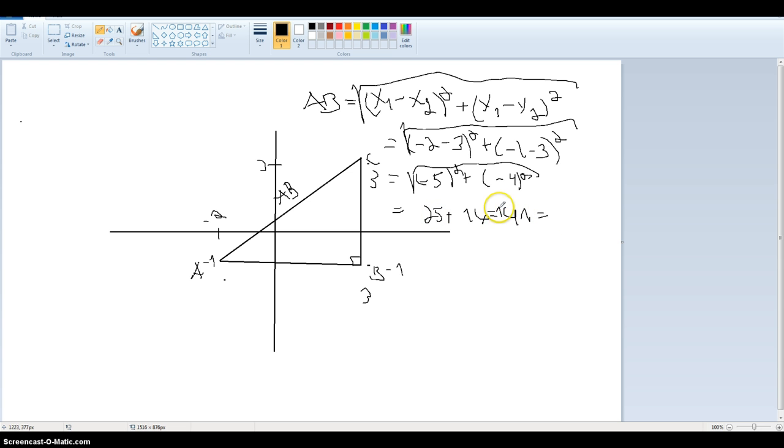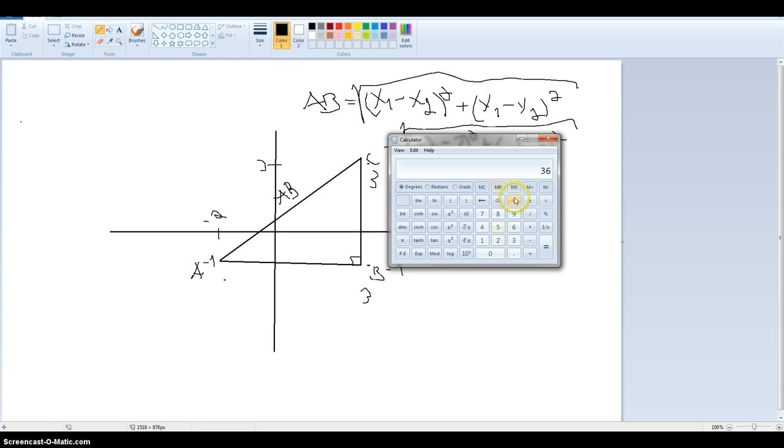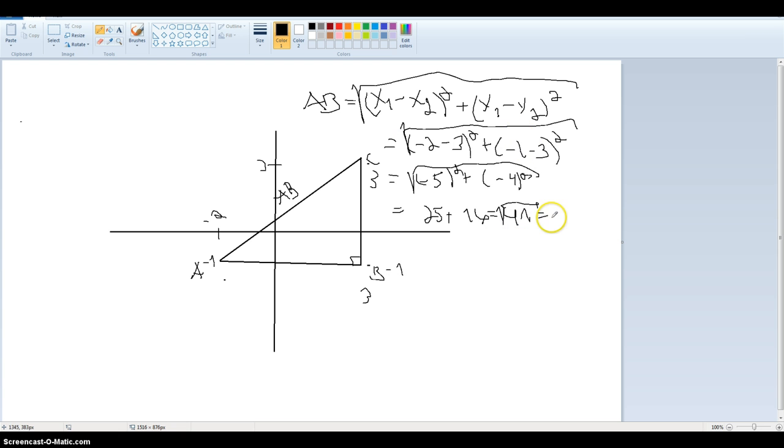And if we take the square root from that, let's calculate it, about 6.4. So this distance would be 6.4.